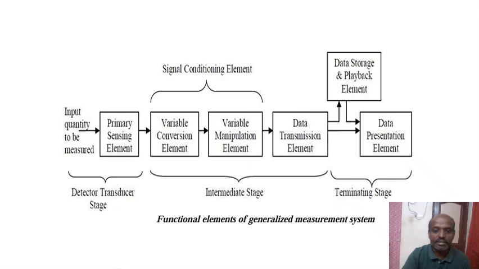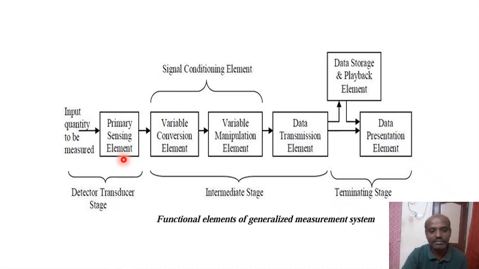Before that, we'll see the block diagram of the measurement system. Here we give the input quantity to be measured, that is, the quantity we want to measure, as an input to the primary sensing element. This primary sensing element senses whether the particular quantity is present or not.